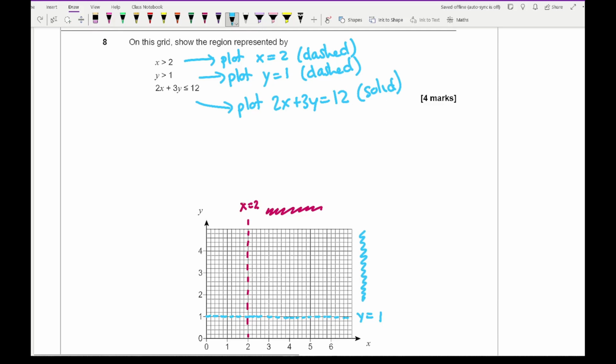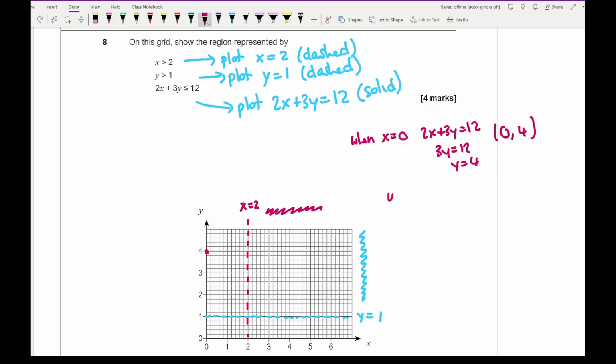Now in terms of plotting 2x plus 3y equals 12, all I need to do is pick particular values. When x equals 0, 2x plus 3y equals 12 means 3y equals 12, so y equals 4. So one coordinate is 0, 4, which is here.